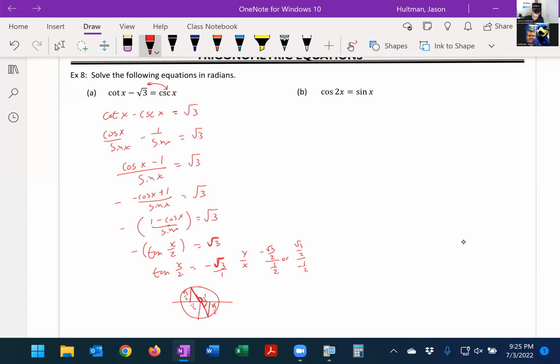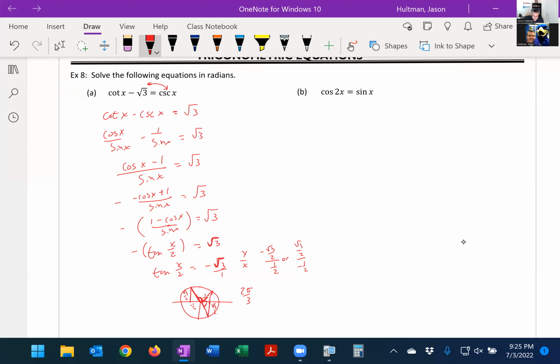The reference angle is pi over 3. Now what is it going to be in the second quadrant? Well, in the second quadrant, it's 2 pi over 3. So one of our answers is going to be 2 pi over 3.